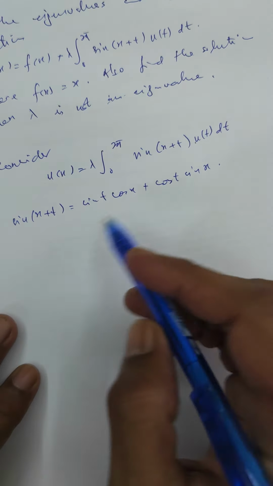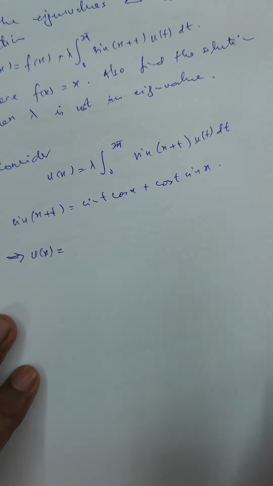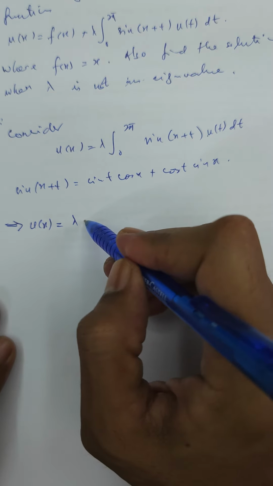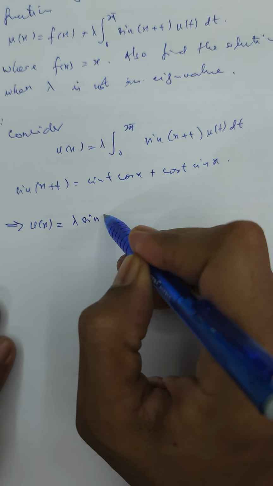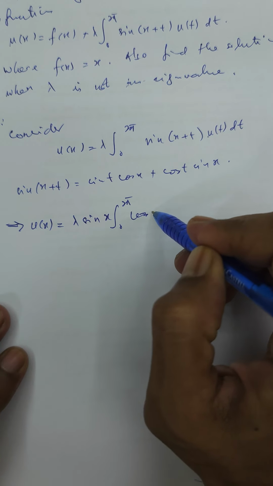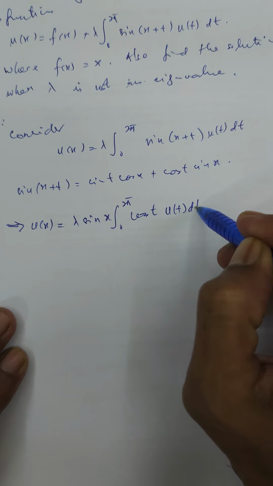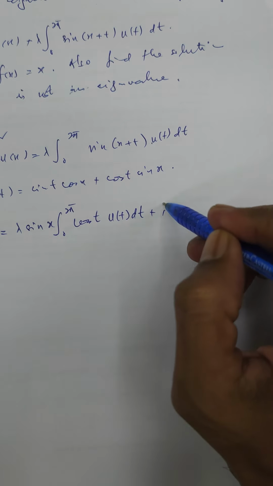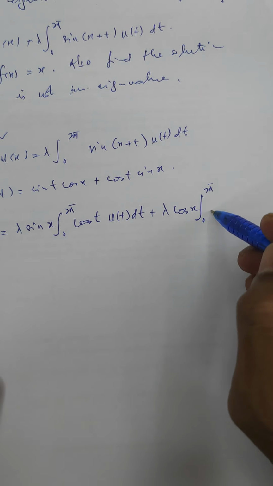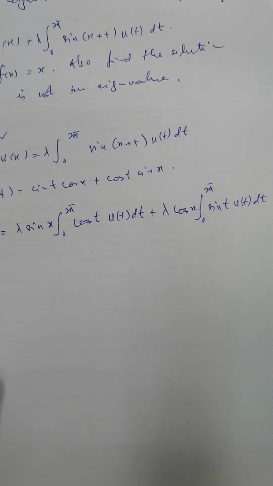Therefore you can write the equation such that u(x) is given as lambda sin x integrate 0 to 2 pi of cos t u(t) dt plus lambda cos x integrate 0 to 2 pi of sin t u(t) dt.